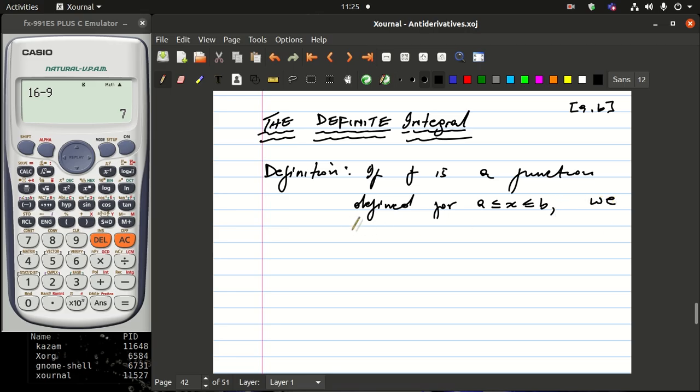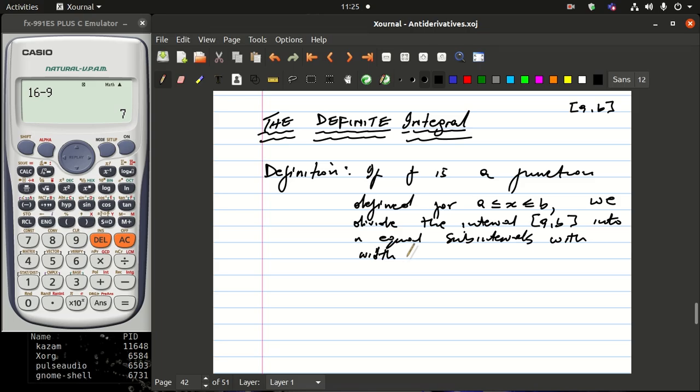So first we divide the interval ab into n equal sub intervals with delta x, which is b minus a divided by n.